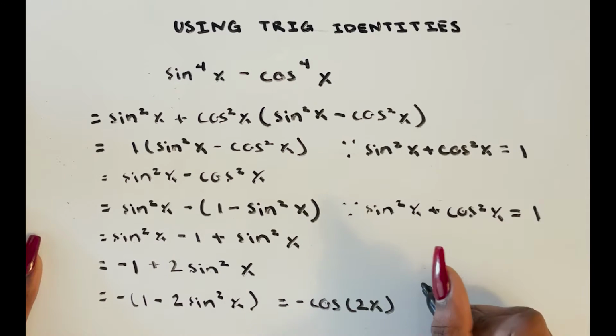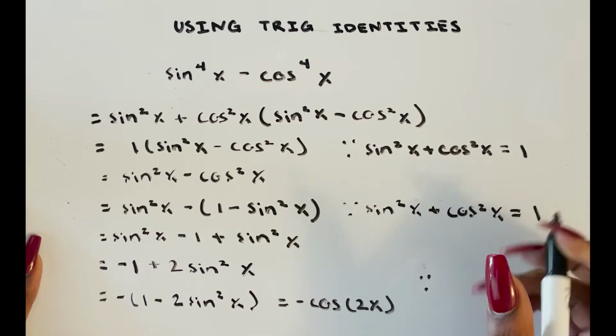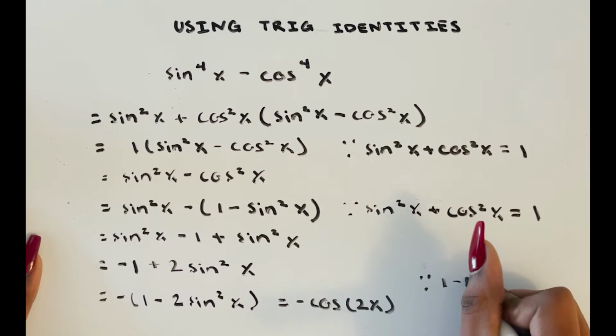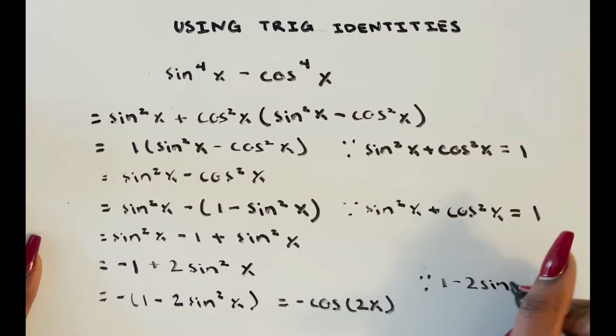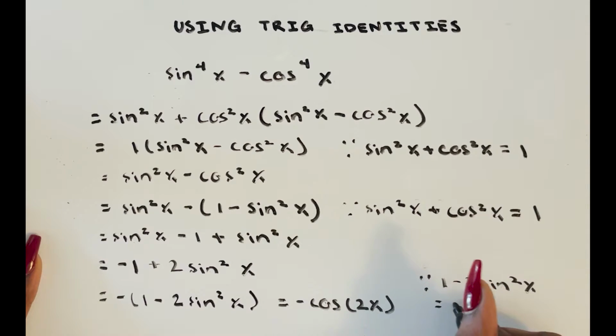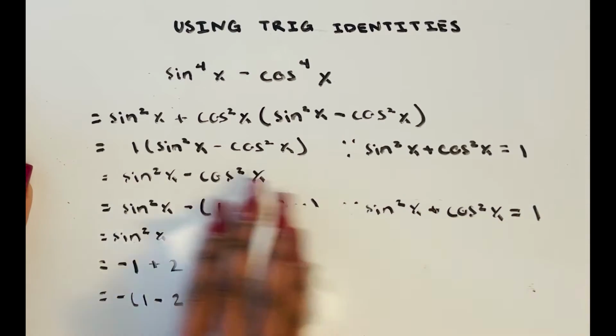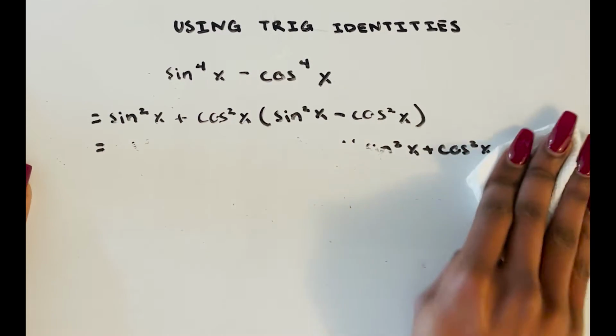And this is by the trig identity 1 minus 2 sine squared of x equals cosine 2x. Thus, the expression that we were given, sine raised to 4 of x minus cosine raised to 4 of x, is simplified. Now let's take a look at our final example.